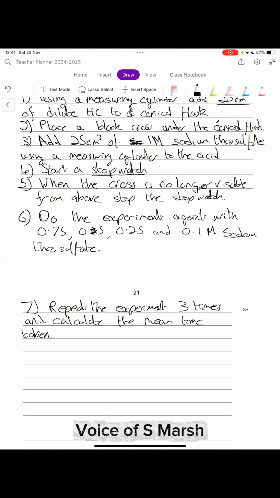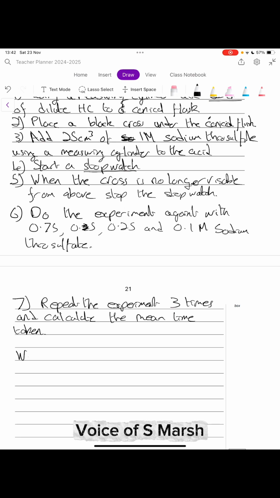Now finally, we could put a safety comment in here. It's not essential because it didn't say to conduct a safe experiment, but we're going to put it in anyway because it's always a good thing to write. Wear goggles as HCl is harmful. Even if it doesn't ask for it, I would still always put it in. It wasn't required by this mark scheme, but that's very good.